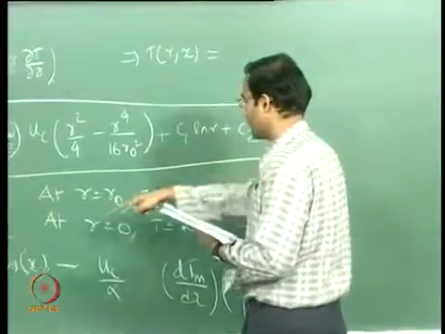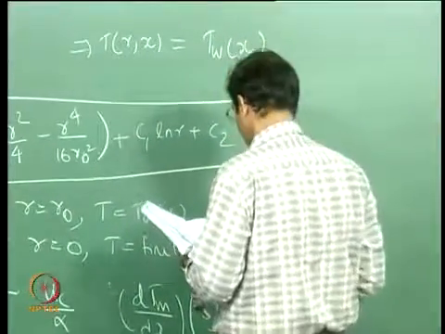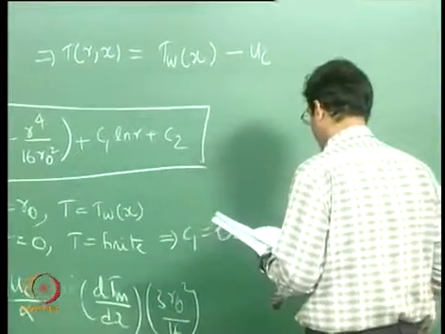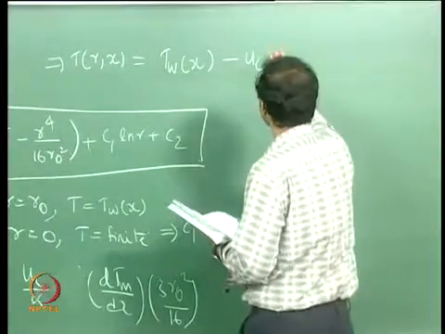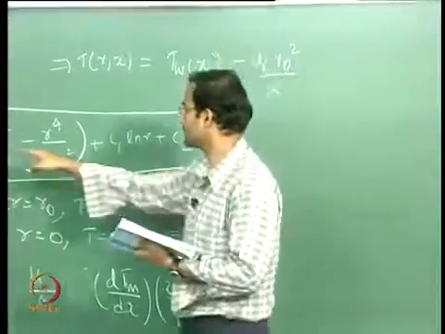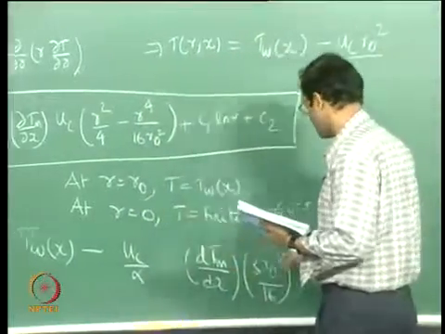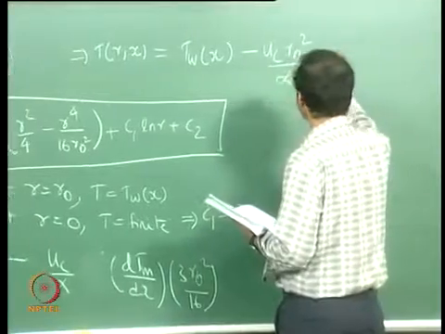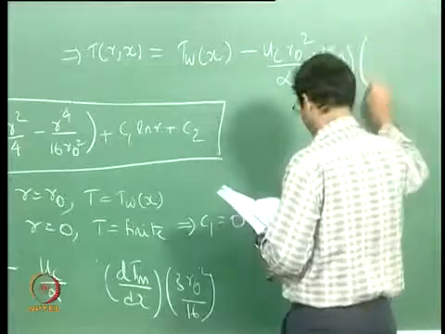So of course you have your T wall of x, which can be written as this minus uc into, we can also pull out r naught square as common by alpha. So uc, you can take out one r naught square so that everything can be expressed in non-dimensional form, and r naught square also is here, into dTm by dx, that is also common.